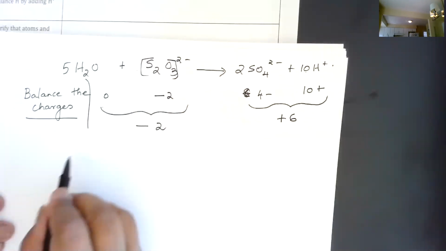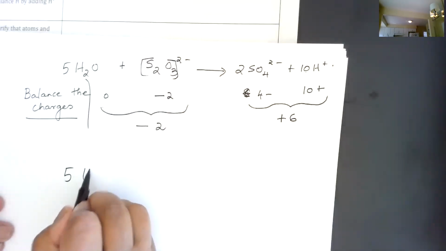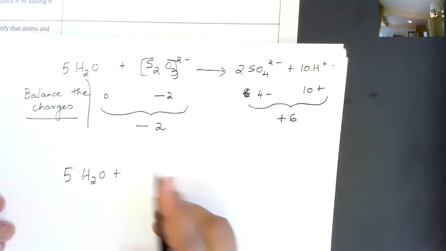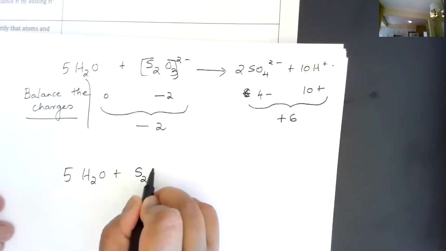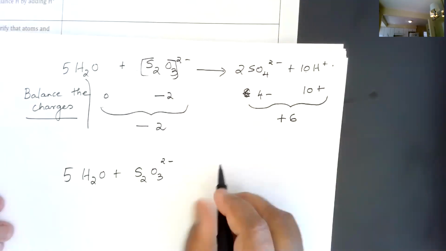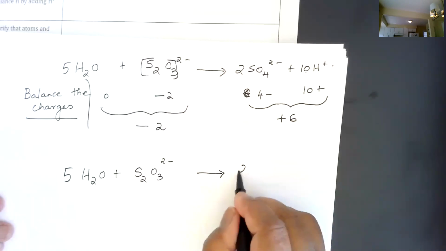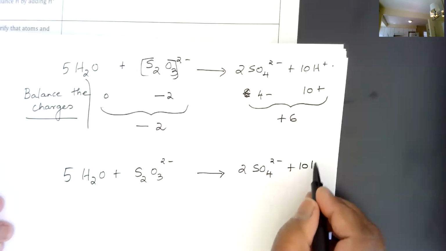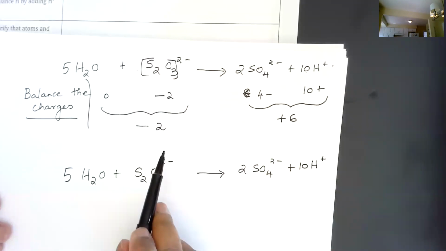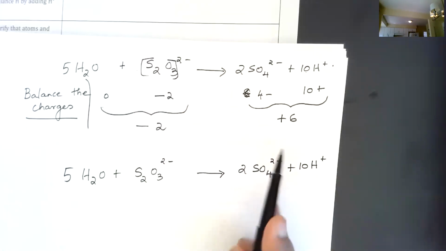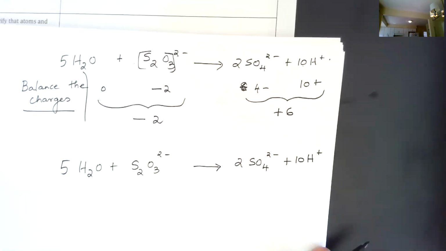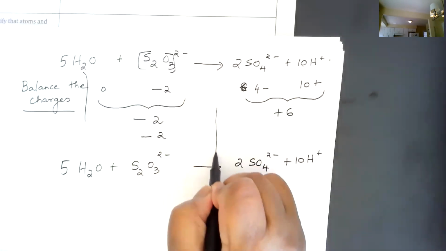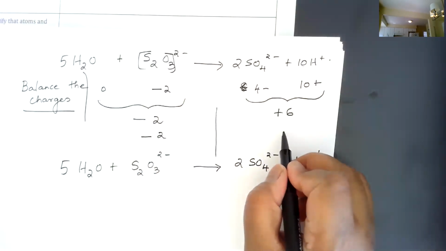How will I make it equal by adding electrons? I'm going to rewrite this. How many electrons should I add and where to balance this? I don't have to make each side 0, but I have to make it equal. So if I retain this as -2, how many electrons must I add here?